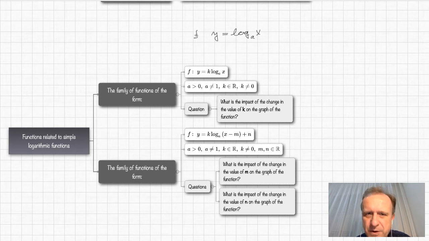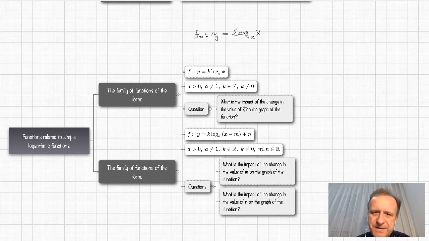So let me denote the original function f sub 0. So f sub 0 is this original function. And now you create a new function by multiplying it by a factor of k. Now k has to be different from 0. And the question here is, what is the impact of the change in the value of k on the graph of the function? So what impact does it have?